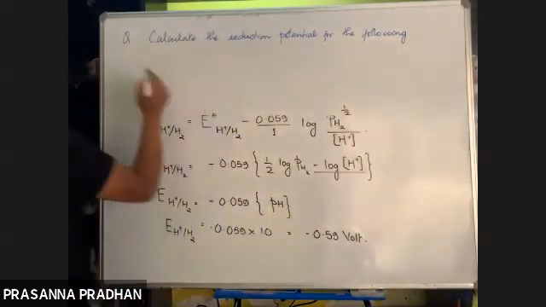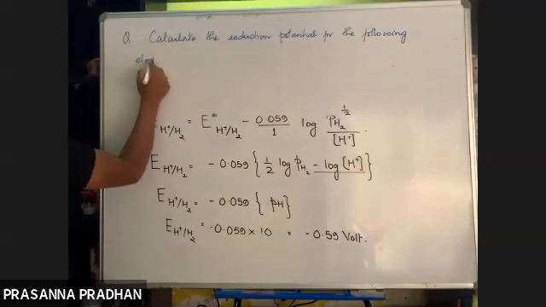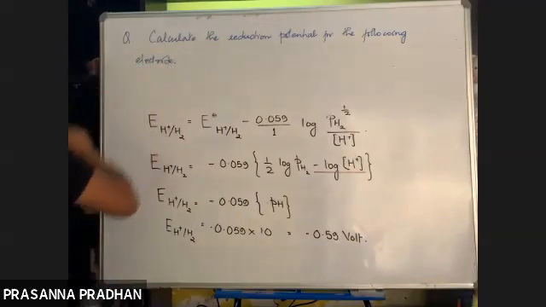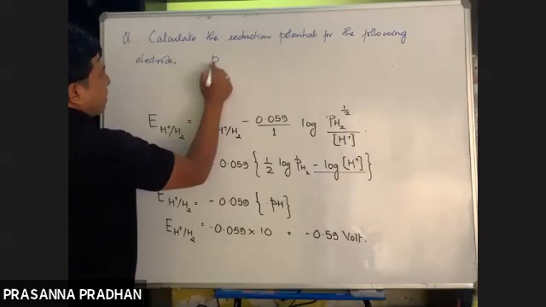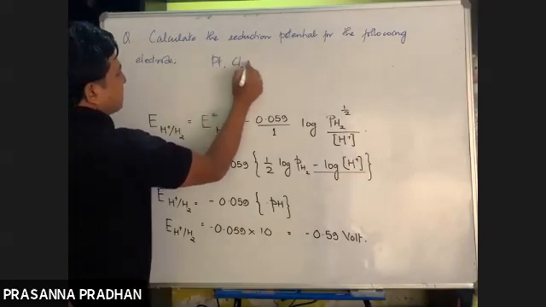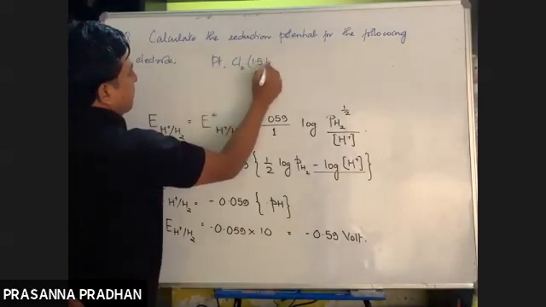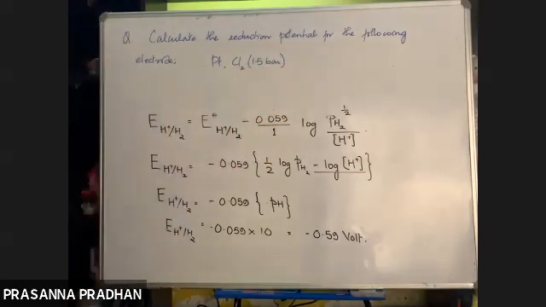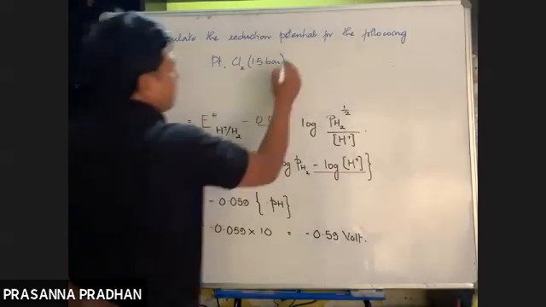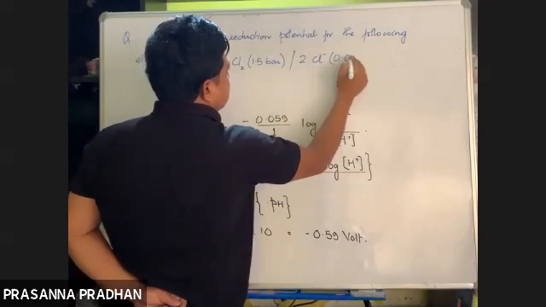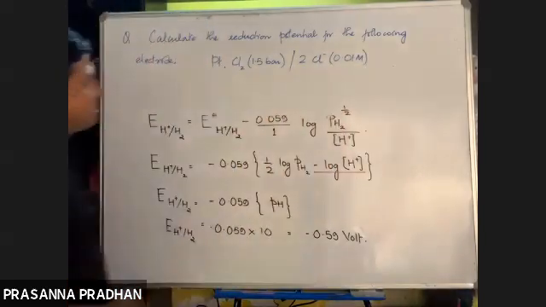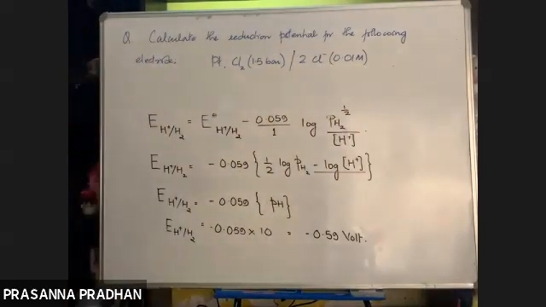What is the electrode given here? Platinum, chlorine at 1.5 bar, meaning partial pressure of chlorine is 1.5 bar, oblique to chloride ion, and the concentration is 0.01 molar.